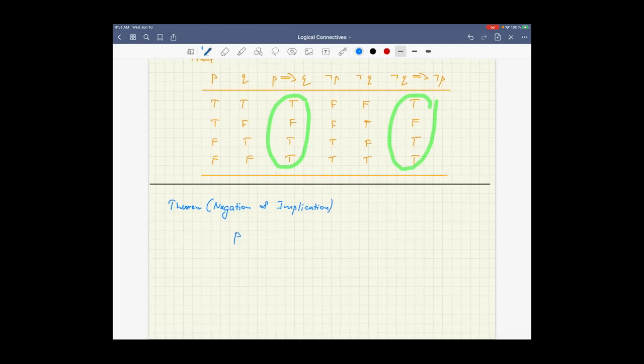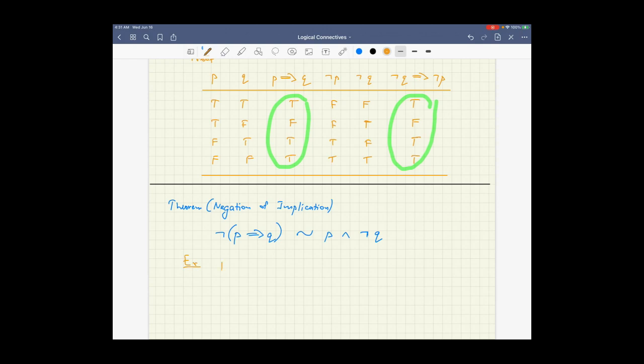This one says that when you have an implication and you want to negate it, that's equivalent to the statement P and not Q. Right, we can actually give a nice example to this statement to clarify its use, to give an example of its usage.